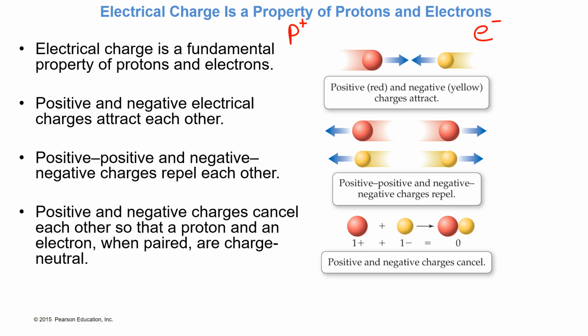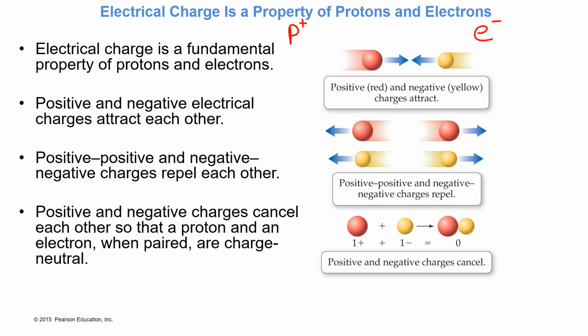They are equal and opposite in charge. They cancel each other out. So even though the size difference is large, the charge is equivalent. They are equal and opposite, so they cancel each other out. So one proton and one electron makes a net zero charge, or a zero charge.